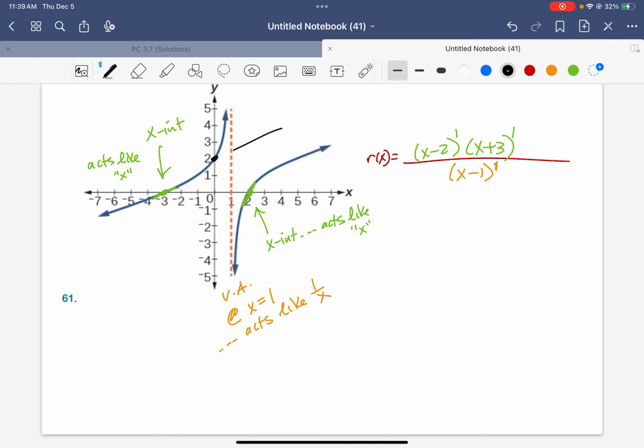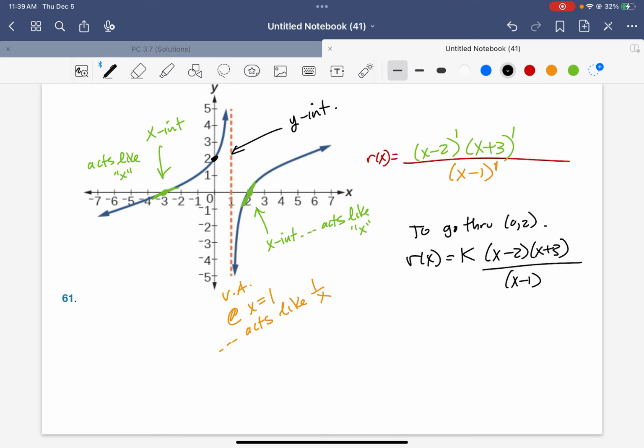But then, for my y-intercept, I need to take my thing and introduce this constant up front to force it to go through the point (0, 2). So watch what I do. To go through (0, 2), we need to introduce this constant and specifically have that when you plug in 0 for x, you better get out a 2 for your y.